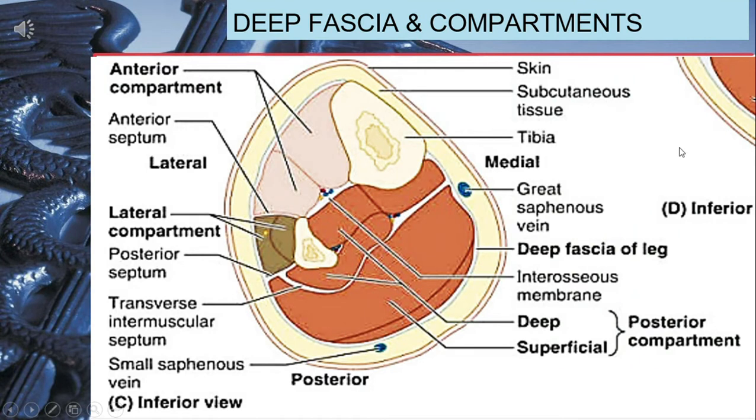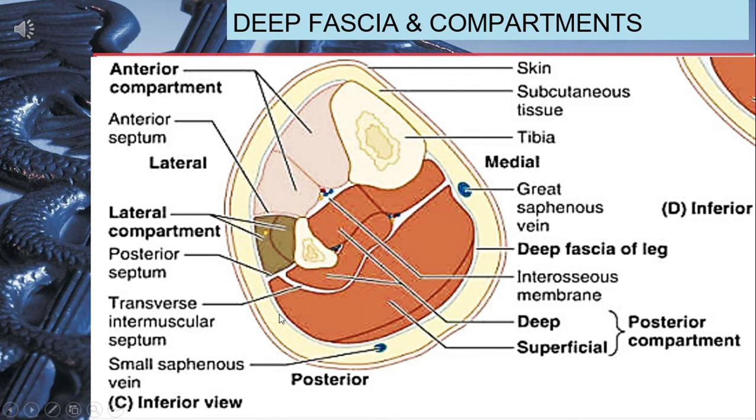As already discussed, we can see the layering of leg starting from skin and then superficial fascia with the subcutaneous collection of fat known as subcutaneous tissue, which also contains superficial veins, lymphatics, and nerves. We can observe the great saphenous vein here on the posteromedial side, and on the posterior aspect you can observe small saphenous vein here.